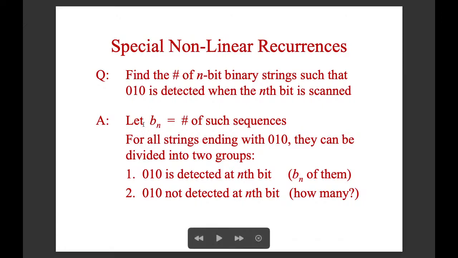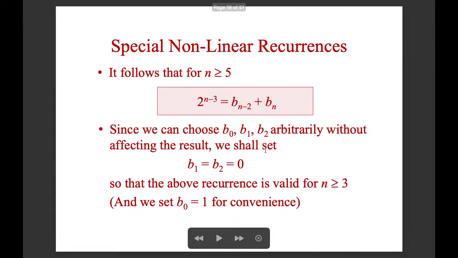Based on our notation, we use B_n to denote the number of such sequences. We can establish a relationship that B of n plus B of n minus 2 is equal to this one. For this case, this is not very special. There is no convolution involved, so we can find the value of B easily.